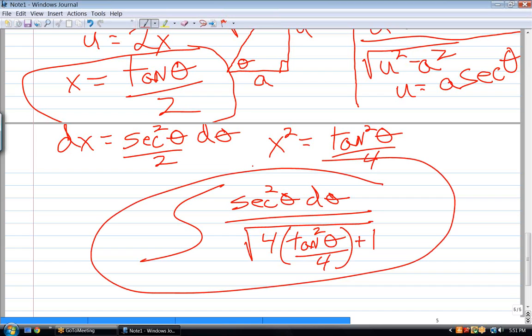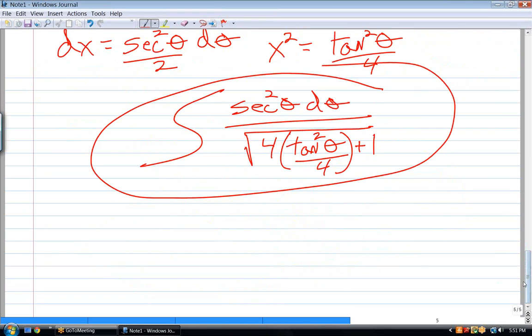That's my new integral to do. Nothing but trig functions. Yay. Okay, the 4's cancel. I've got the square root of tan squared theta plus 1, which is secant squared. Right, okay. So now I've got the integral of secant squared over secant, or just the integral of secant d theta.